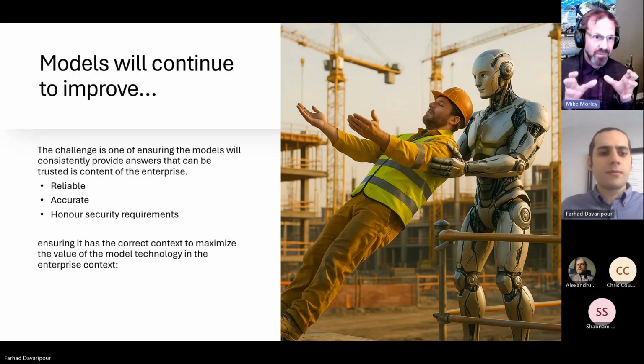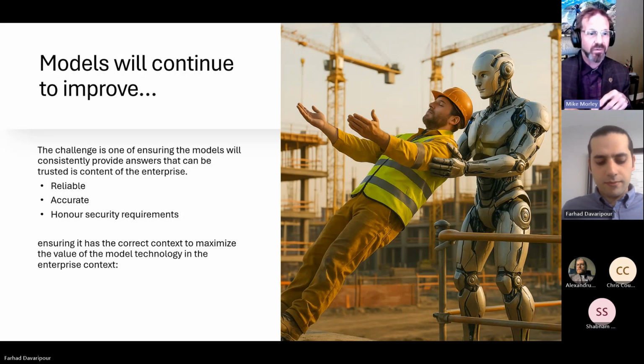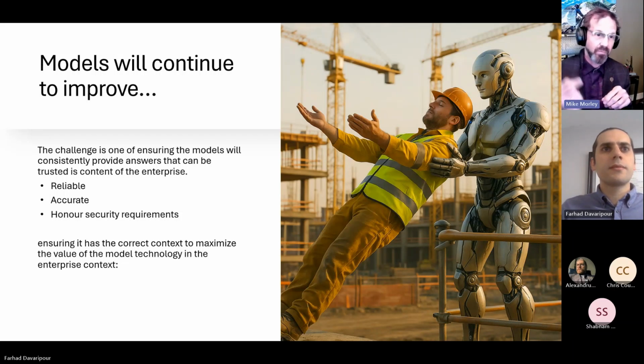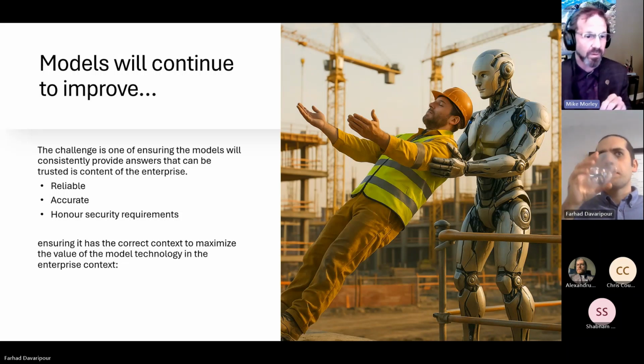So this idea of context is really quite important, and it's important to get that right in order to ensure that the models consistently provide answers that can be trusted in the context of that business, that work, that site, that building, so that you get reliable, accurate answers that also honor the security requirements. I'll speak a little bit more about this as well.